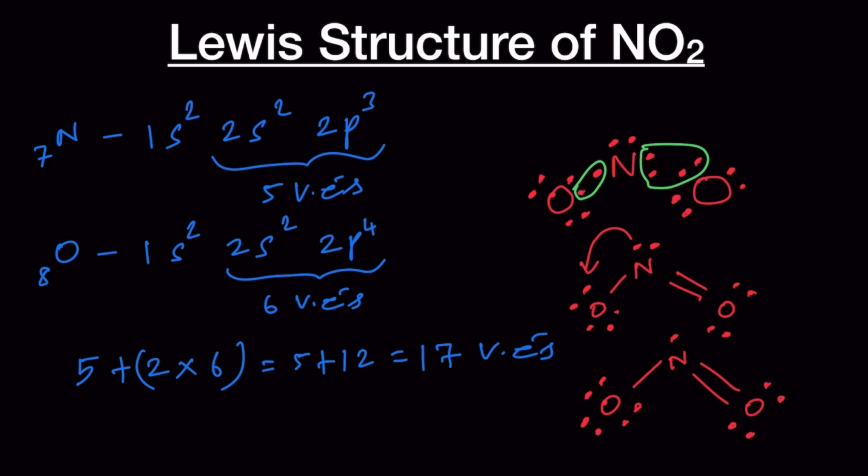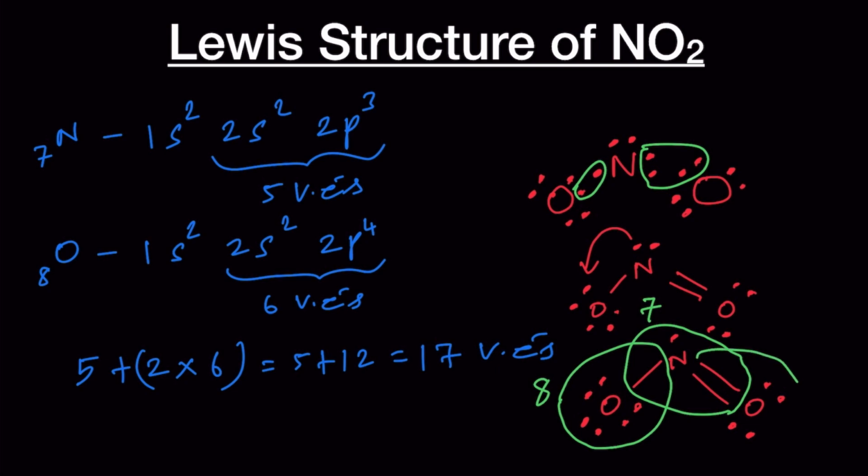Let us check the octet configuration for each atom, and here this oxygen atom satisfies the octet configuration because we have 3 lone pairs and 1 bond pair, and the nitrogen atom does not satisfy the octet configuration. We have 3 bond pairs, only 1 electron, therefore 7 here, and then this oxygen atom satisfies the octet configuration, 2 bond pairs, 2 lone pairs, therefore 8 here.